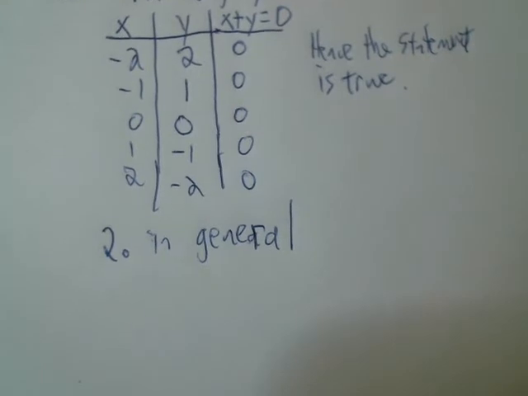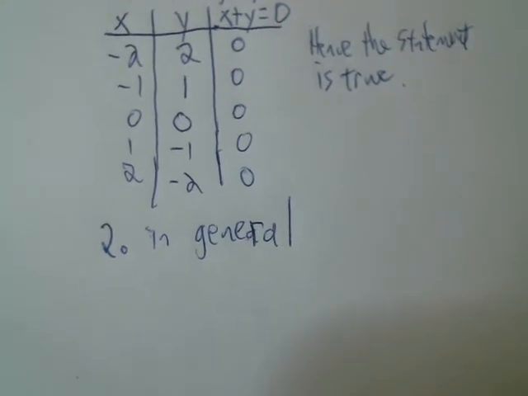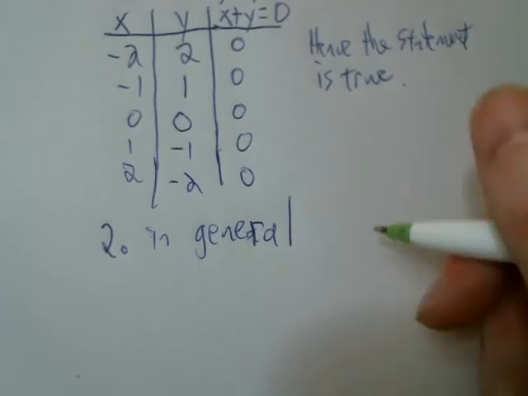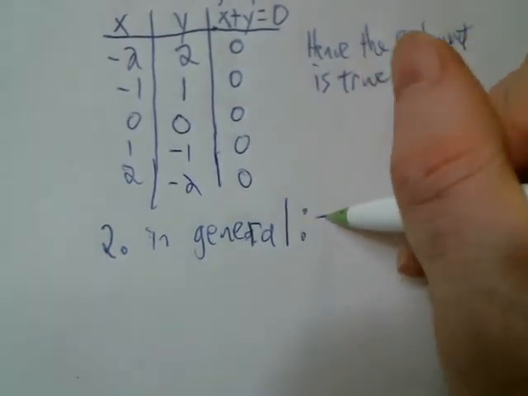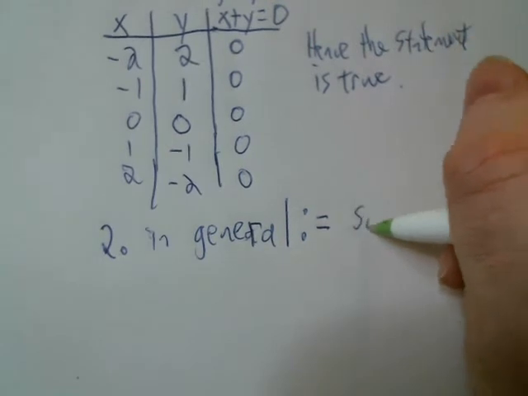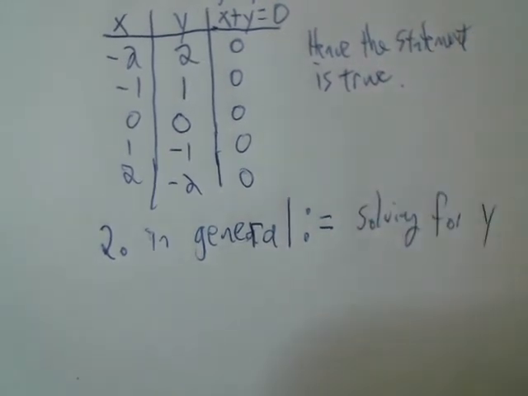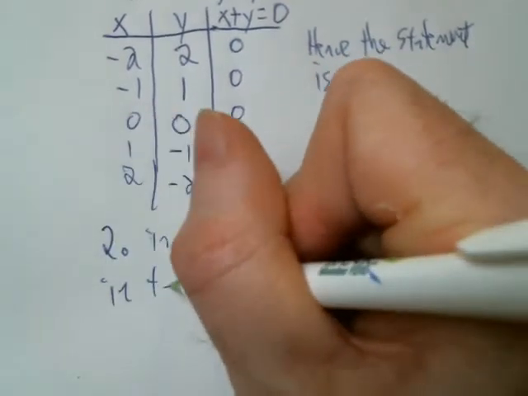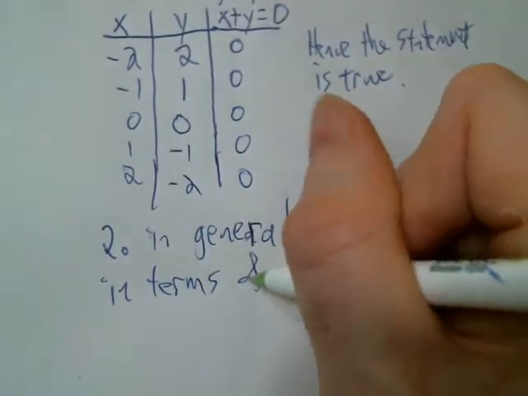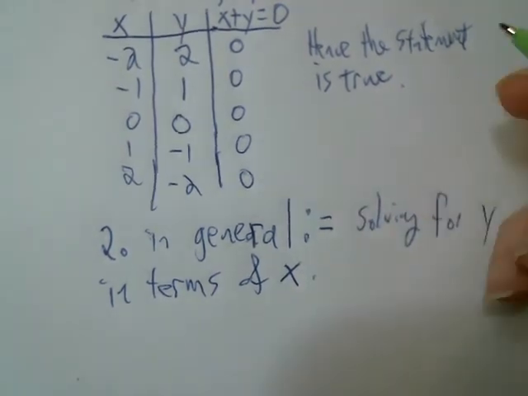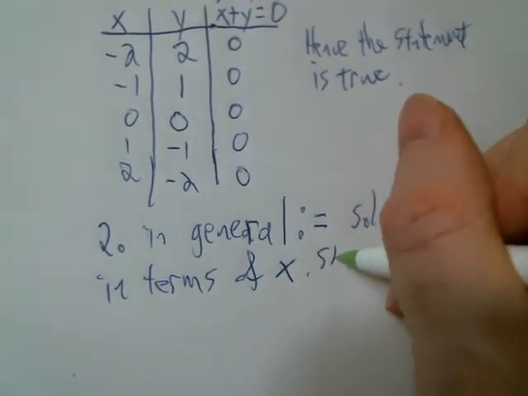If you remember, doing those proofs was kind of difficult, and you have to do a lot of back engineering. But in general, the process is that you're solving for y in terms of x, and then you show that this y satisfies the given predicate.